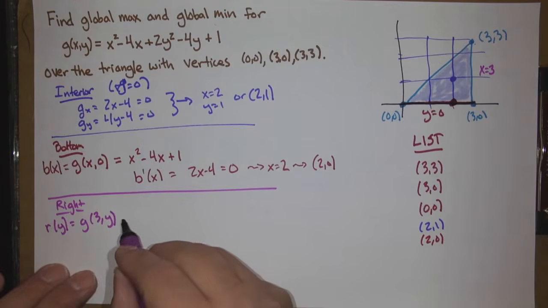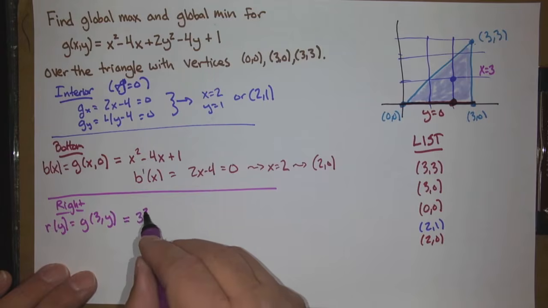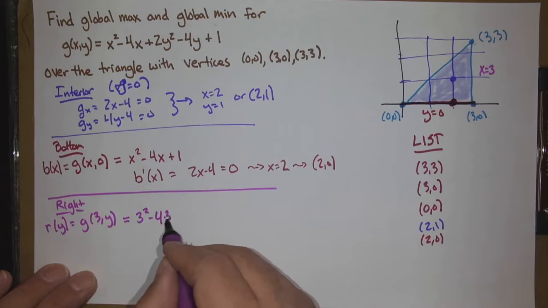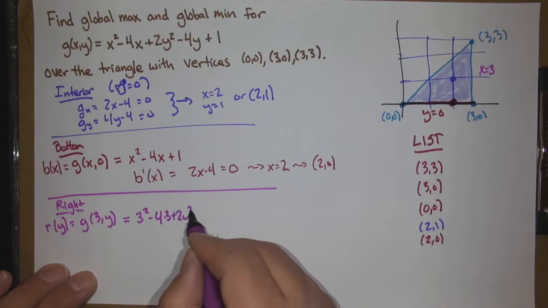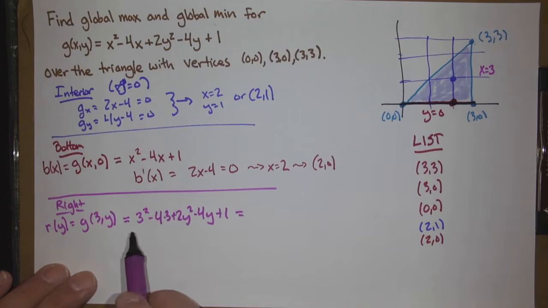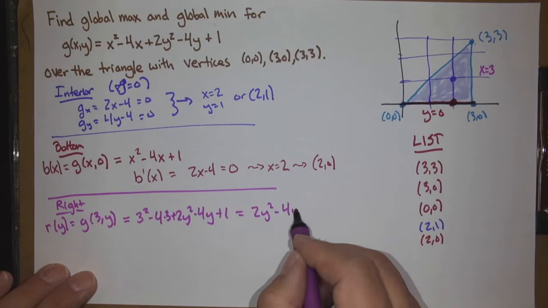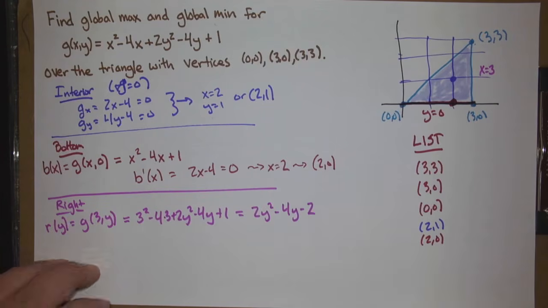Everywhere we see an x, put a 3. So that's 3 squared minus 4 times 3 plus 2y squared minus 4 times y plus 1. Well, we can simplify. That's 9 minus 12 plus 1, which makes this 2y squared minus 4y minus 2. 9 minus 12 plus 1 is negative 2.